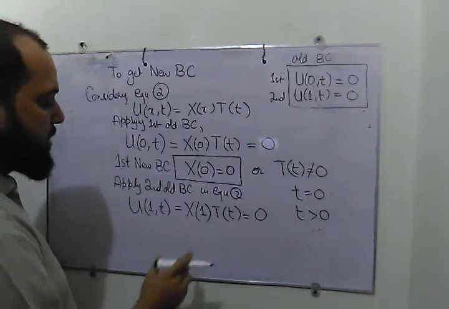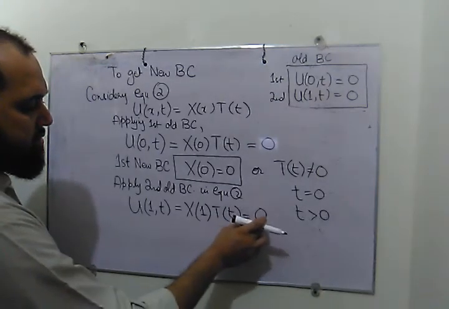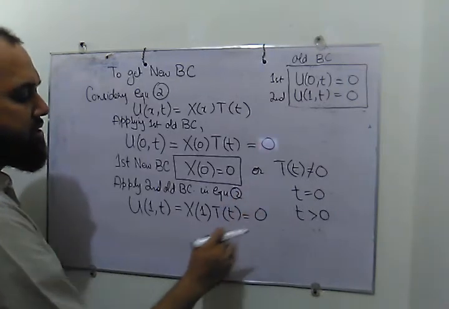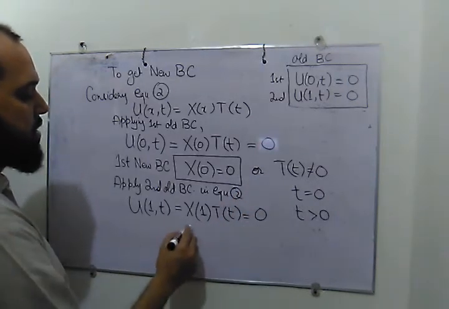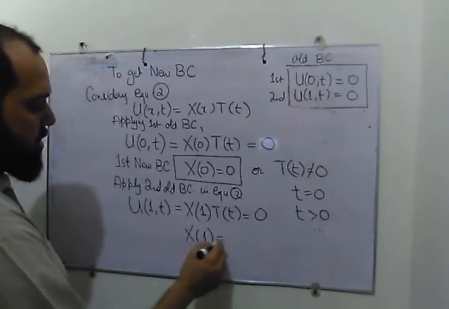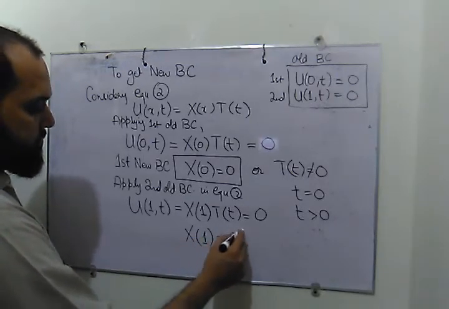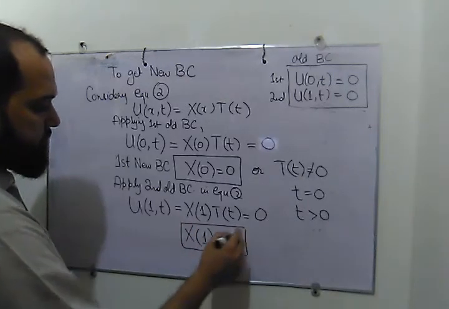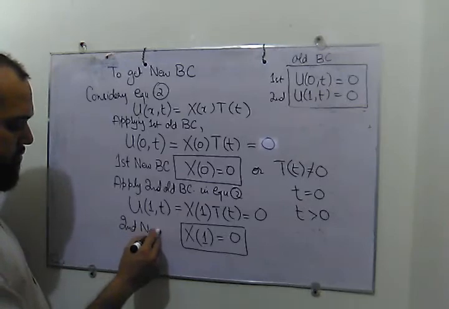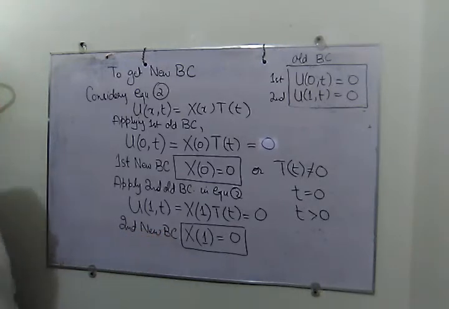Again, by the argument that the product of two members is 0, then one must be 0. T of t cannot be 0 because t is equal to 0 is the starting of the experiment. So we have remaining X(1) is equal to 0. So this is our second new boundary condition.